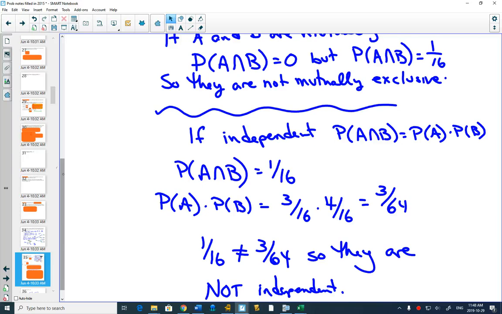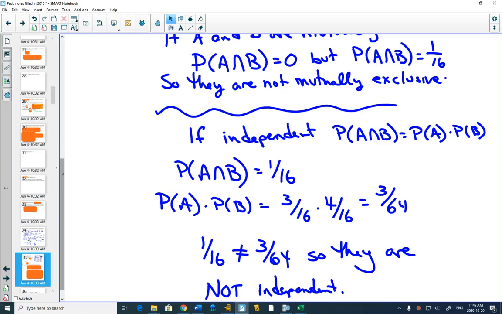Is it possible for a situation to be independent and mutually exclusive? It is only possible if one of the things has a 0 chance of happening.